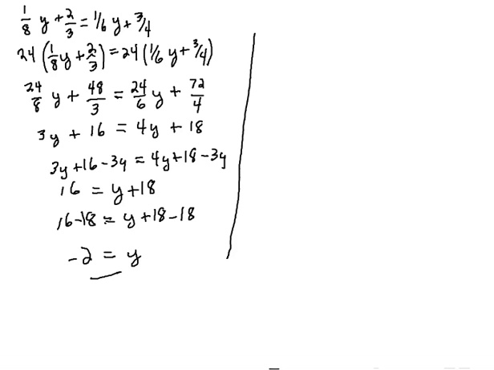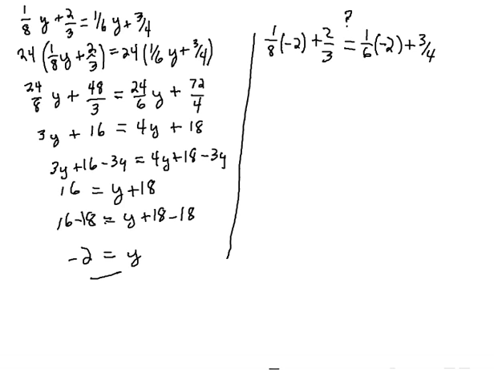We'll plug in negative 2 in the two places that y is on both sides of the original equation. We get 1/8 times negative 2 plus 2/3 is supposed to equal, remember, this question mark is always "is supposed to equal," 1/6 times negative 2 plus 3/4.